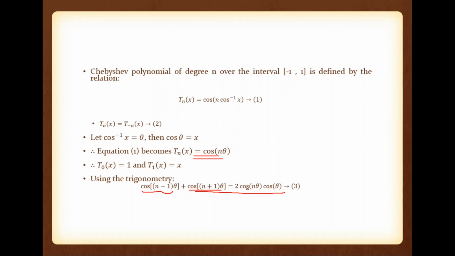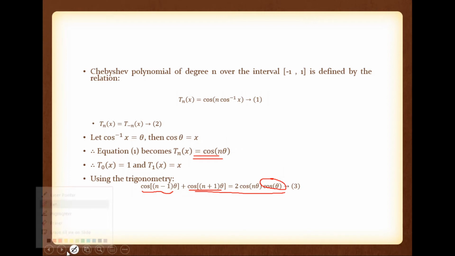What about this term? This is exactly the same, so this is 2 into Tn of x. What about this cos of theta? Here n equal to 1, that is T1 of x, because if n equal to 1, this term will become cos theta.